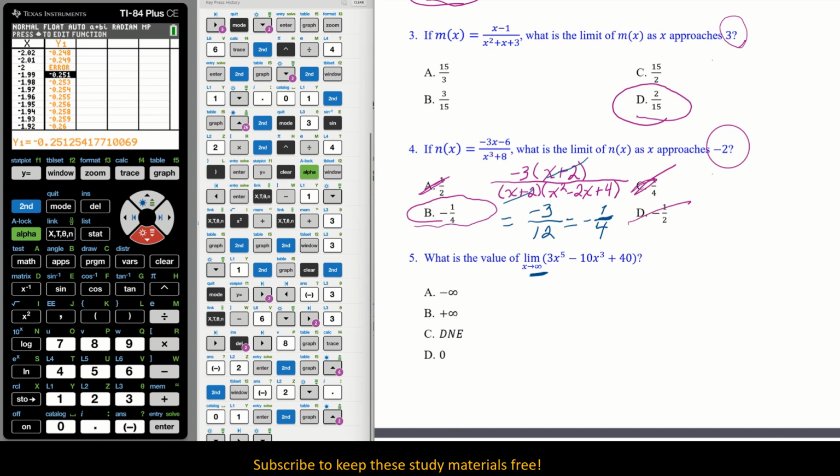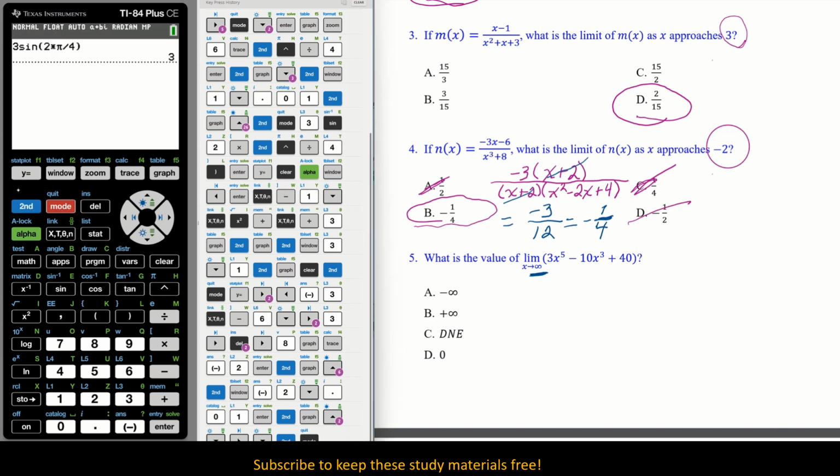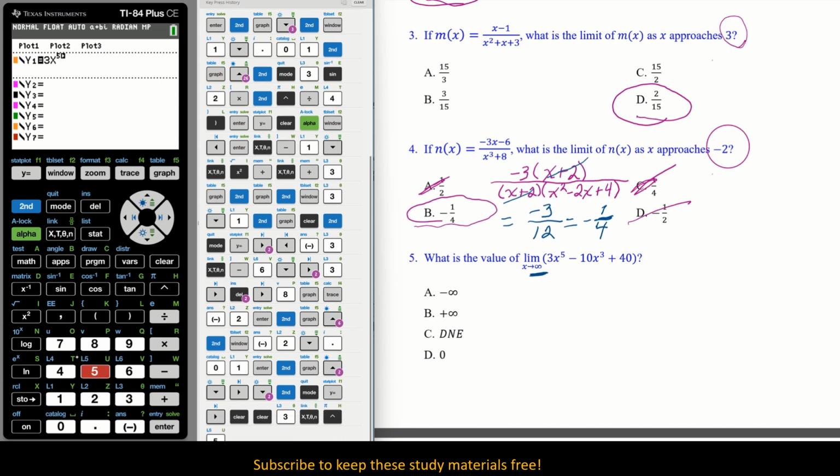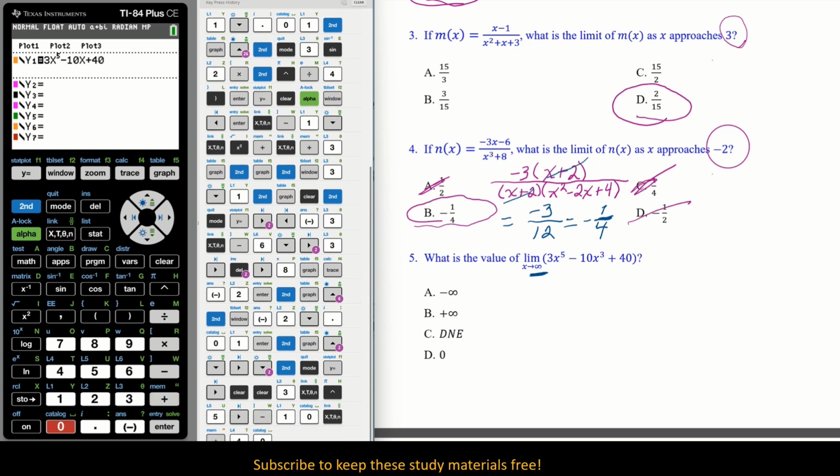This means that we can back out, clear all this out, put it into our calculator and see what happens, okay? 3x caret up to the 5. See where it's highlighting? It's telling us to move over. See now how the arrow's gone? Okay. So minus 10x plus the 40.